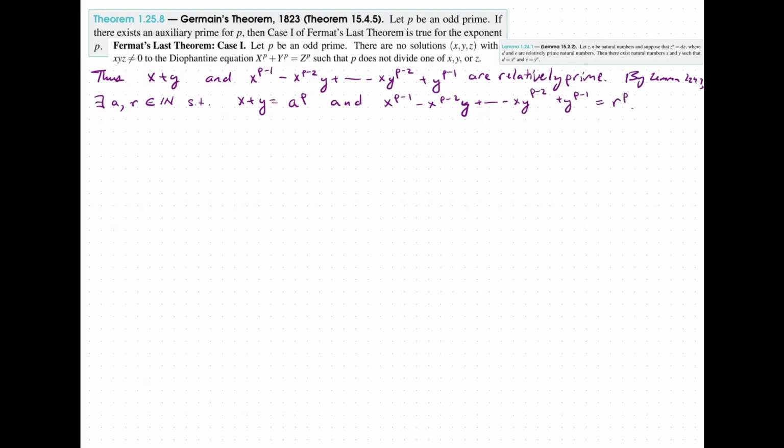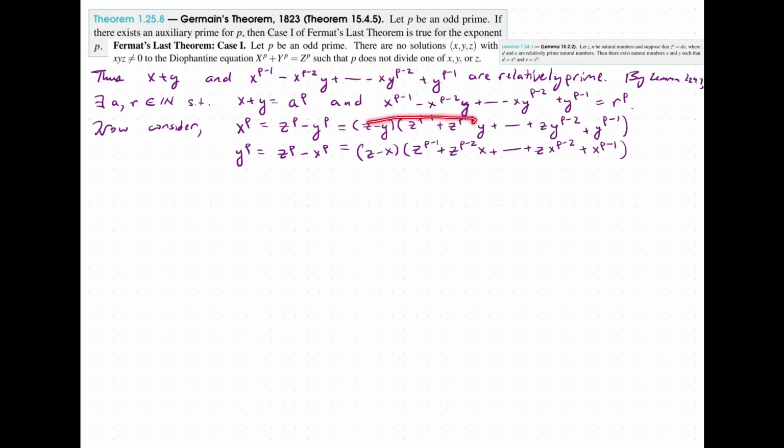And now what we are going to consider are the following. We're going to have x to the p. So we know that x to the p is z to the p minus y to the p. But we also have that y to the p is equal to z to the p minus x to the p. And so we can go ahead and factor these out in the same way that we did with z to the p, where we got x plus y times this. And if we do a factorization here, we are going to get the following.